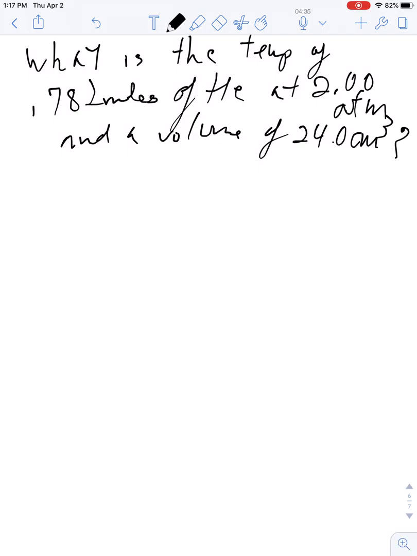Okay. Well, our volume is 24 cubic centimeters.